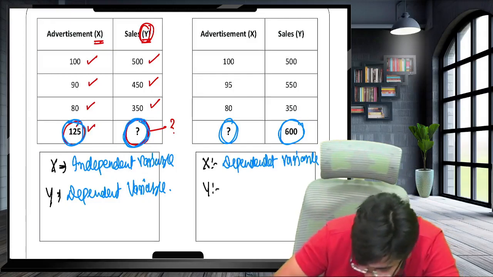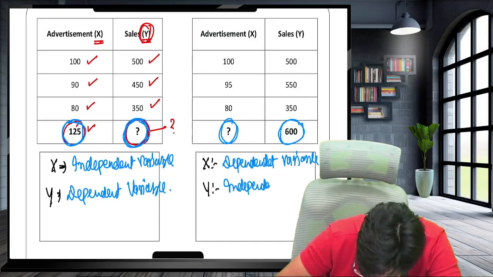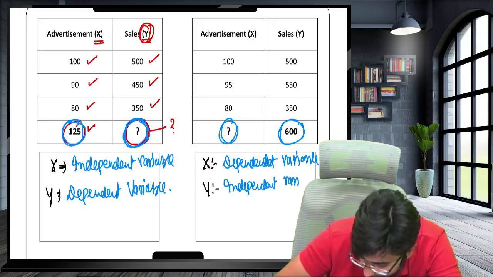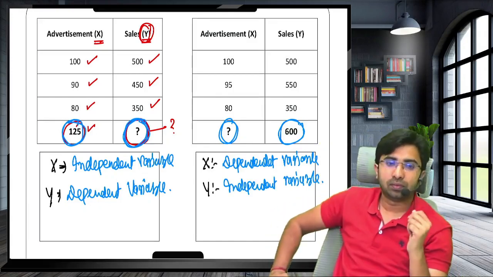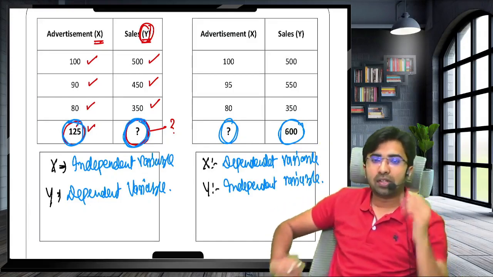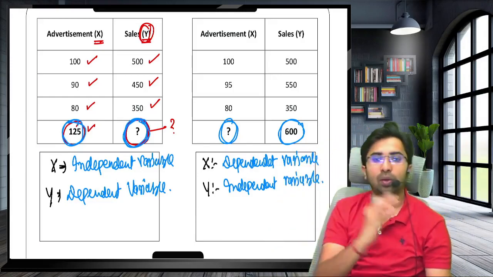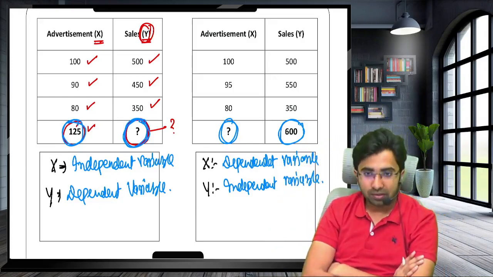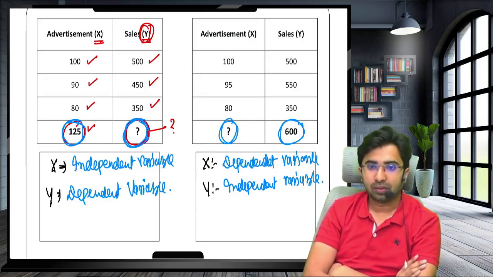That's why, guys, it is the independent variable. Guys, just tell me whether this point is clear or not. Yes or no? Yes, sir.